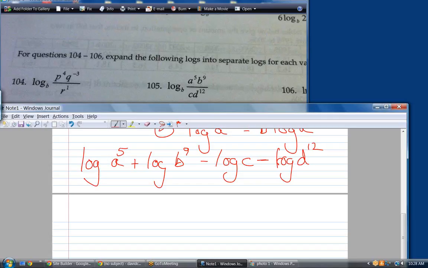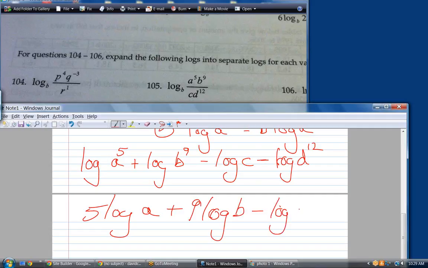So what's the last step here? Because this is still not fully expanded. Right, so the next step would be 5 log sub b a plus 9 log sub b b minus log sub b c minus 12 log sub b d.